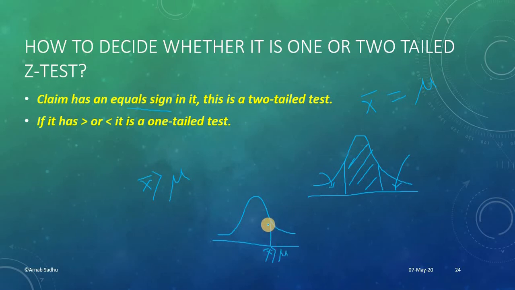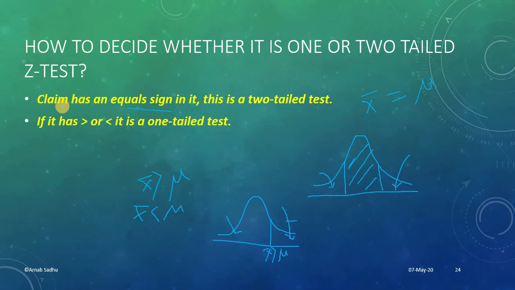If you are going wrong, then you are in this part, so you are testing for a one-tailed test only. Similarly for x bar less than mu as well. If you are testing like this, here also you are testing only in this part, not in that part. So you should go for a one-tailed test.